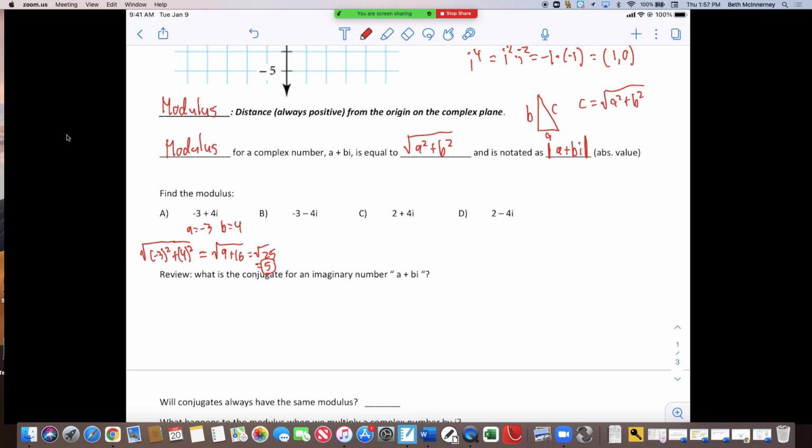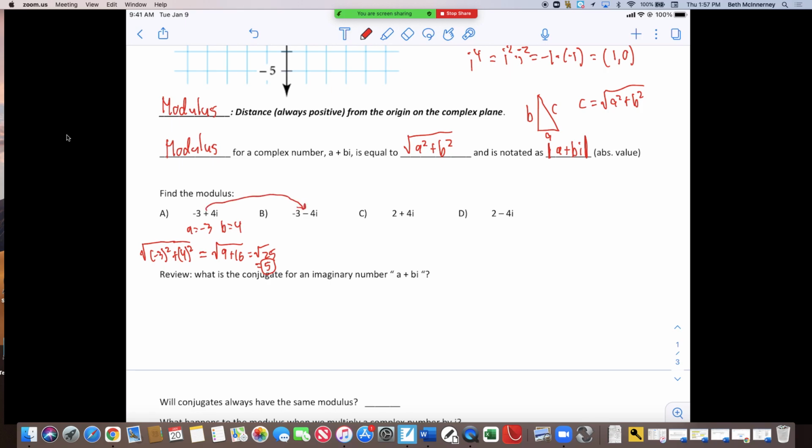Now, what do you guys notice is going to happen to the signs for a and b? When we look at the equation for how we calculate the modulus, a is going to be squared and b is going to be squared, which means the signs, when we're calculating the modulus, they won't actually matter, right? Because when we look at this one, we've just switched the sign from here over to here.